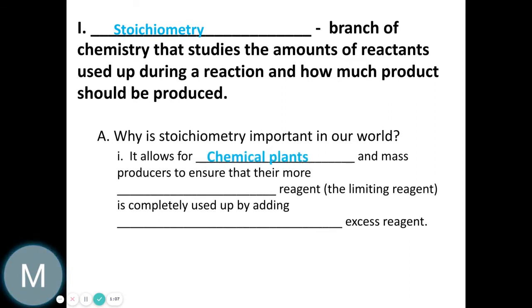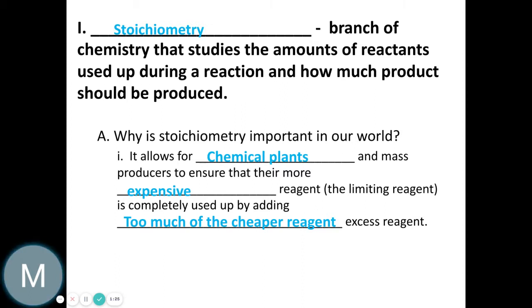Why? Well, it allows for chemical plants and mass producers to ensure that their more expensive reagent, which we're going to learn is called the limiting reagent, is completely used up by adding too much of the cheaper reagent.